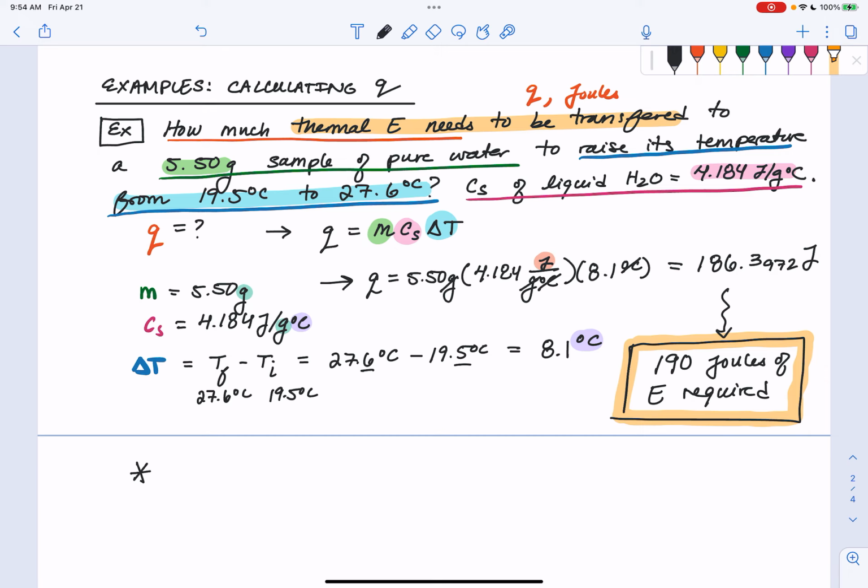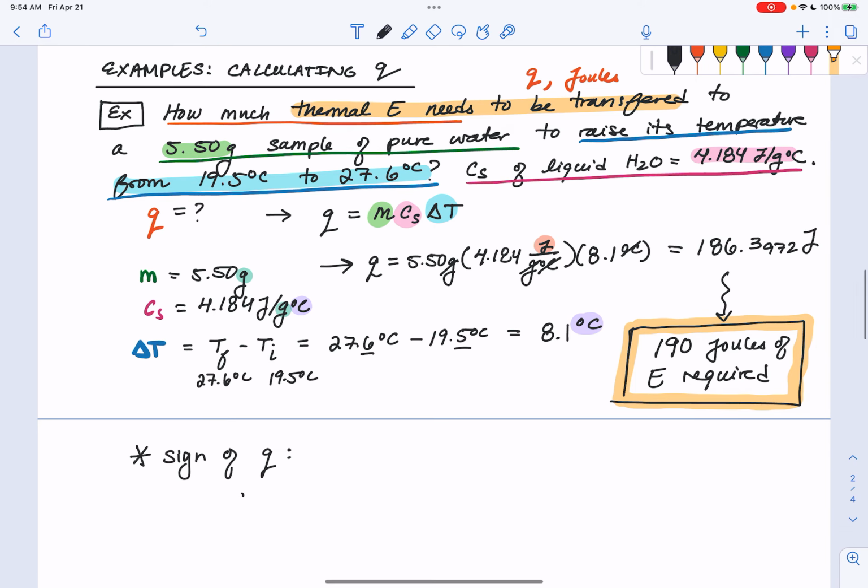So let's think about heating, or the sign of Q. So remember, if heat is positive, anytime you see a positive sign in general in thermodynamics, this means that we are absorbing thermal energy, or I guess it's more appropriate to say that thermal energy is transferred to the system.